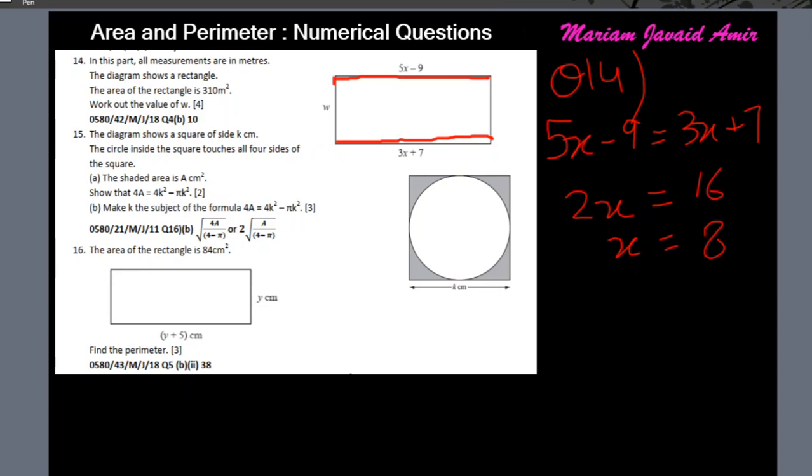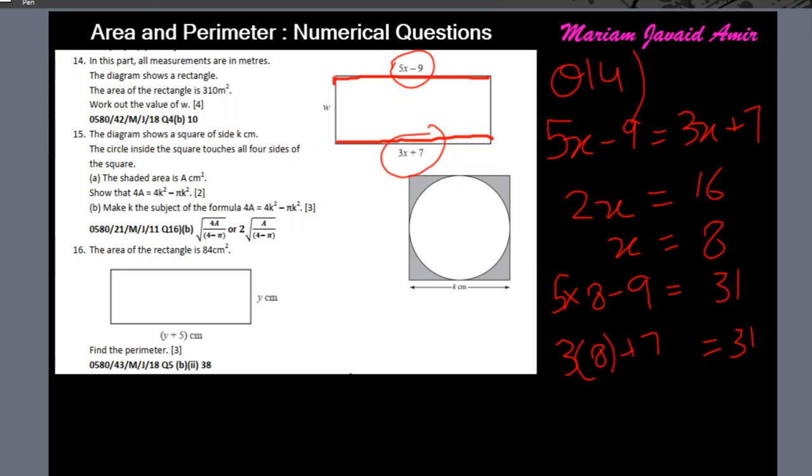So now this length will become 5 times 8 minus 9, which gives me 31. And to be safe, let's check this length as well. 3 times 8 plus 7 should give me the same, yes, 31. So this length is 31, this length is 31.